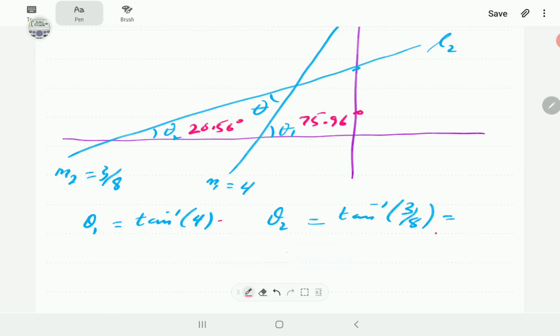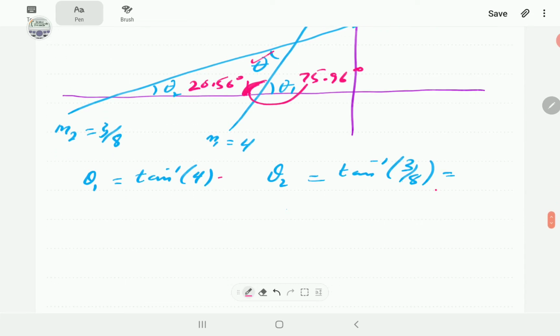So that means we can find this angle now, because from this we can find this angle there. So that angle is going to be 180 minus 75.96.